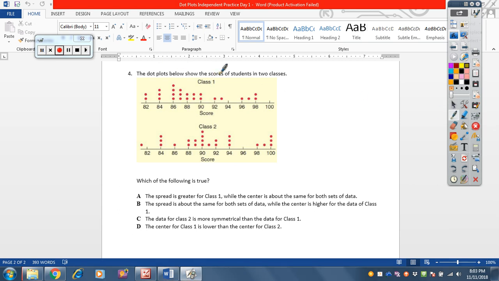Number 4 says the dot plot below shows the scores of students in 2 classes. Which of the following is true? Well, I will find the range, the median, and the modes for class 1.